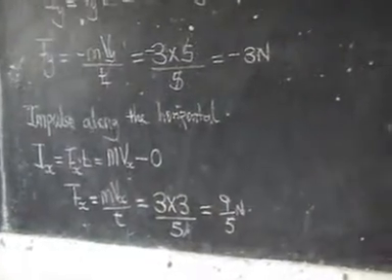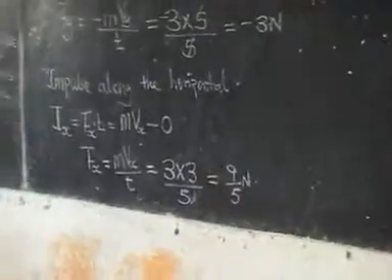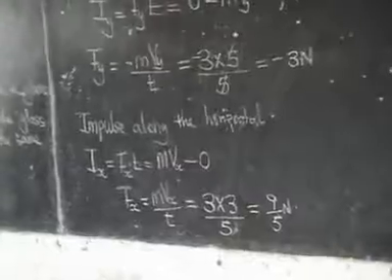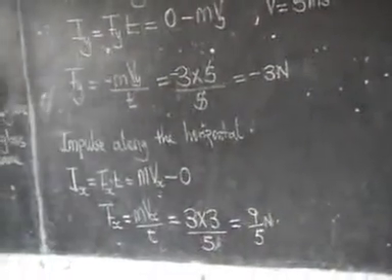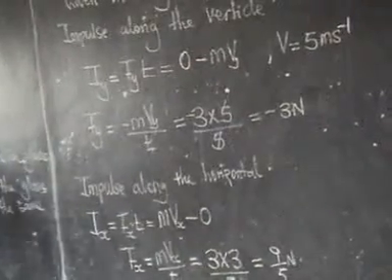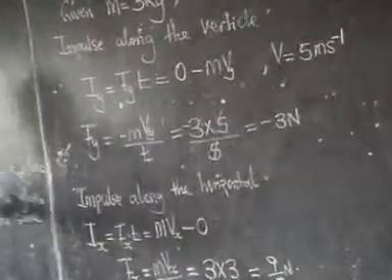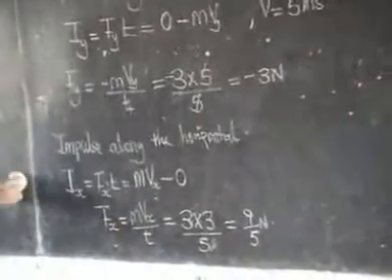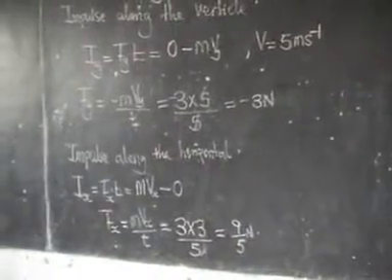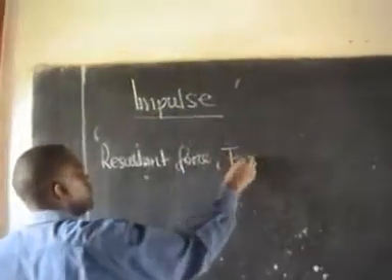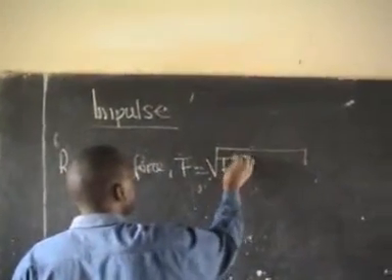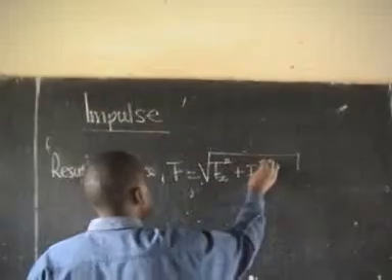So the resultant force is obtained from the components which we got. So the resultant will be equal to the square root of Fx squared plus Fy squared.